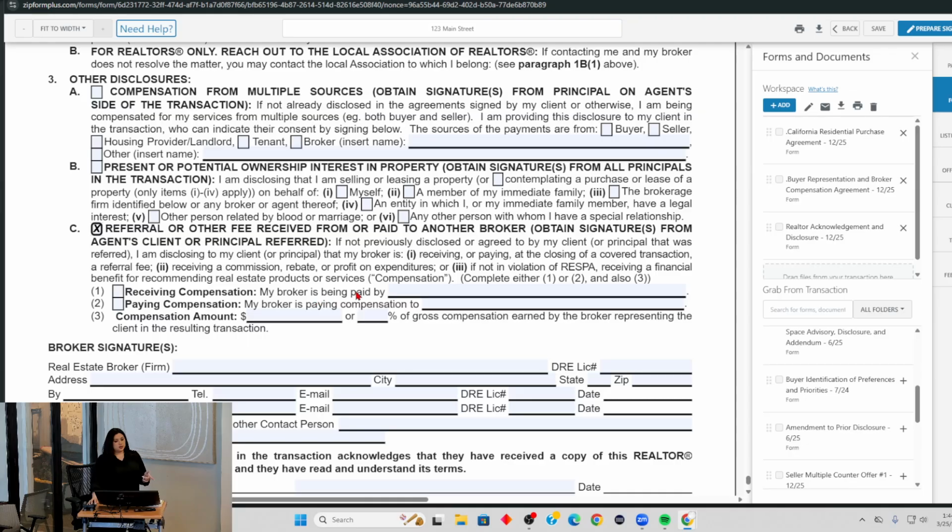It says my broker is being paid by, I don't know, 123 Realty. Or are you giving compensation? Then you would mark paying compensation: my broker is paying compensation to Remax, for example. So you've got to state which of the two boxes applies, and also what the compensation is. If you're receiving a 20% referral fee, then you would put 20% referral fee here.